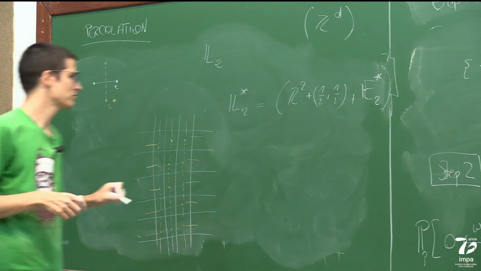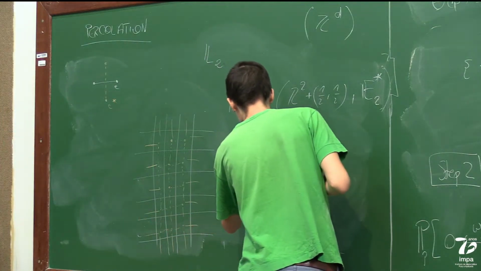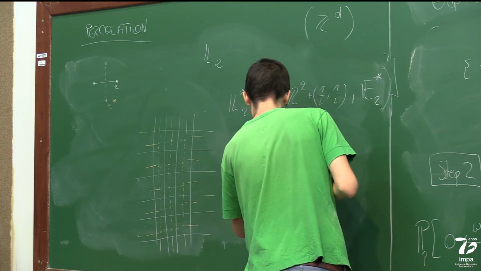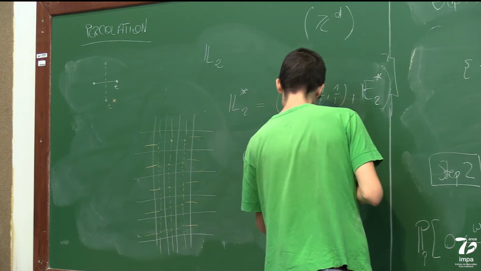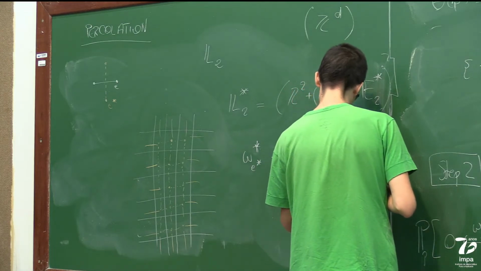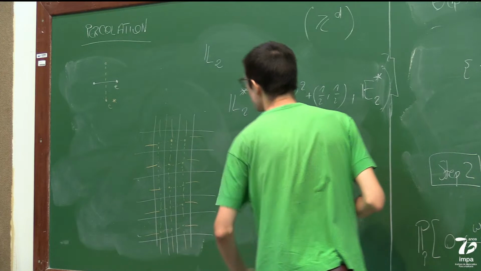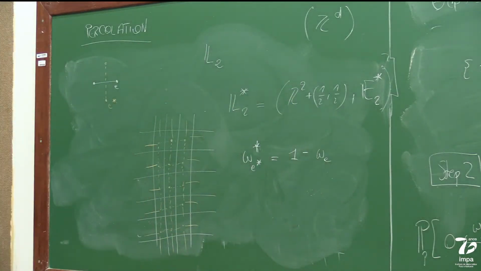So we are going to define omega star of E star, which is just 1 minus omega of E. Okay, so basically we are going to define simultaneously a percolation process on the primal graph and on the dual graph. One is deduced from the other in a deterministic manner. There is no extra randomness here.